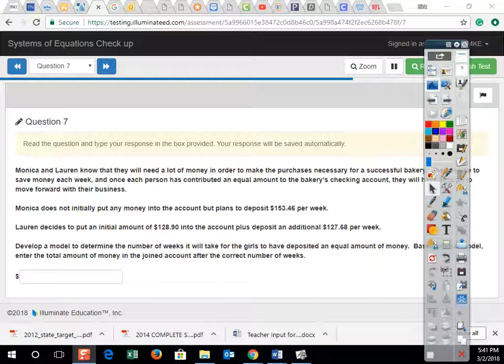Now, if this was an actual Parcc problem, they would actually have you enter the equation for that model, but they don't, so we won't. Here we go. This is another systems of equations problem, and we're going to write these equations as slope-intercept form equations.